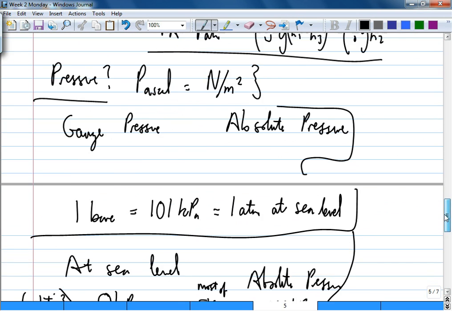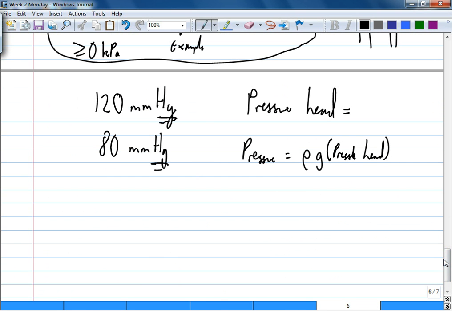So your pressure head is equal to your pressure divided by rho g. Rho, in this case rho of mercury, g is 9.81. Let's convert.